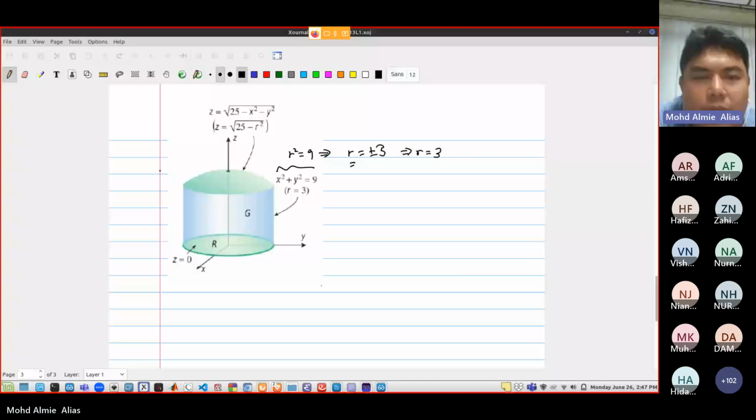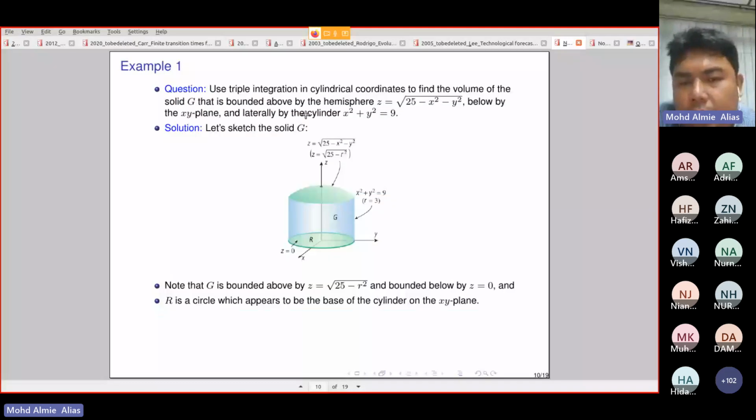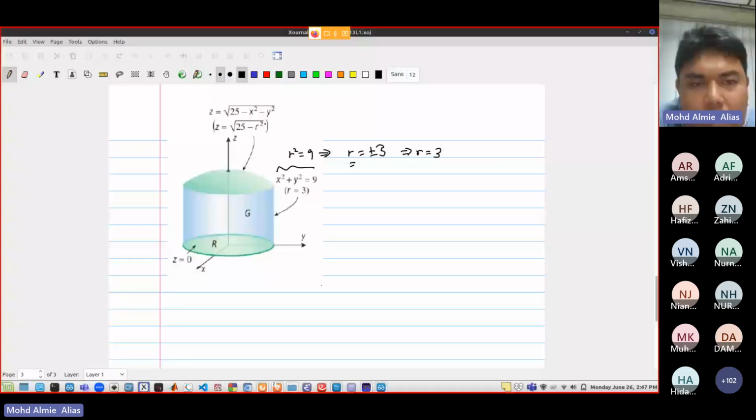And then you have the equation for the roof, produced by the hemisphere: z equals the square root of 25 minus x squared minus y squared, which is the square root of 25 minus r squared, because x squared plus y squared equals r squared.